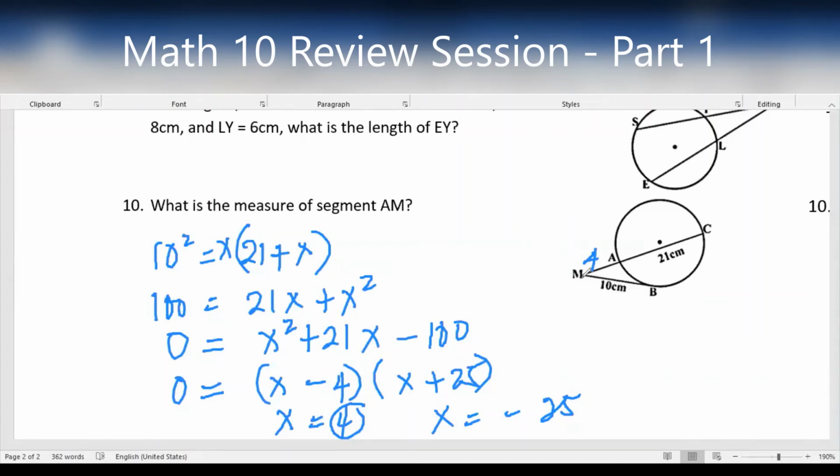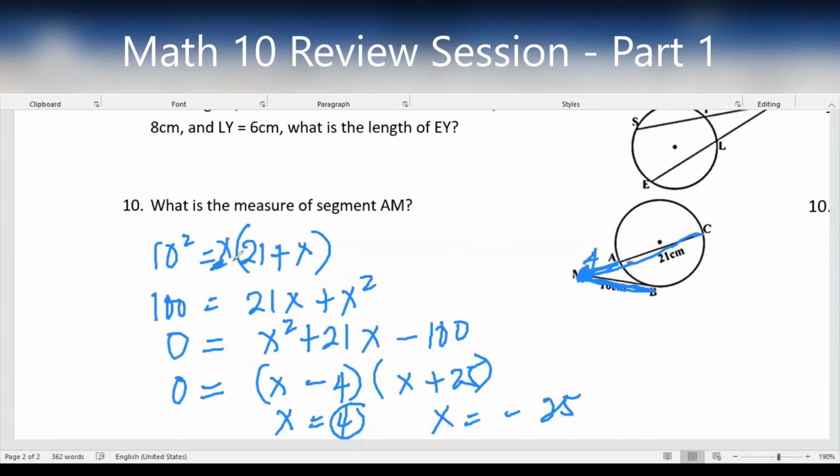Applying the theorem, there is a tangent, and a secant that intersected outside. So simply get the square of the tangent, is equal to the outer segment times the whole line.